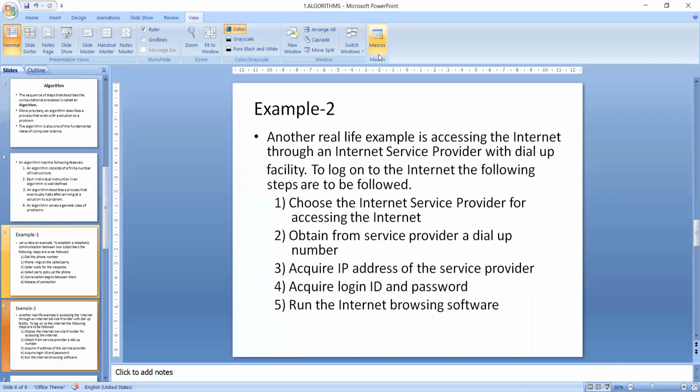So this is also one of the algorithms. You can take it as an example algorithm. However many steps you perform, that many instructions you are performing in the withdrawal process. The same thing you can take with a bank.